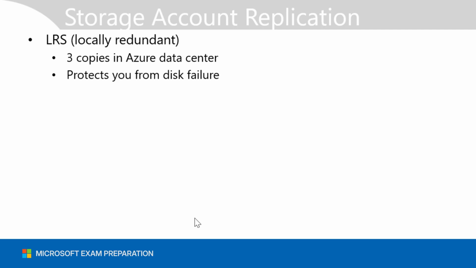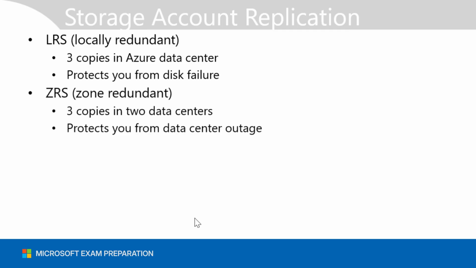So 3 copies means every time your file is written, it's written to 3 different disks. This is helpful in case a disk goes bad or a sector on a disk goes bad, because there's still 2 other copies of your file, and Azure can determine what the original data was, and therefore you're much less likely to lose your data. So LRS, we would say, protects you from disk failure.